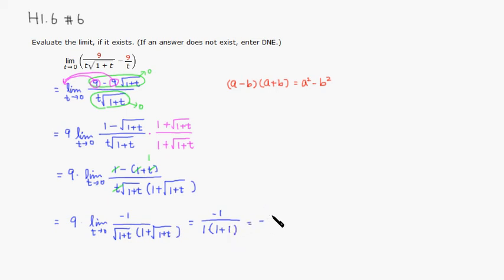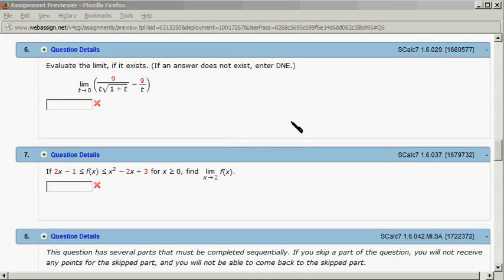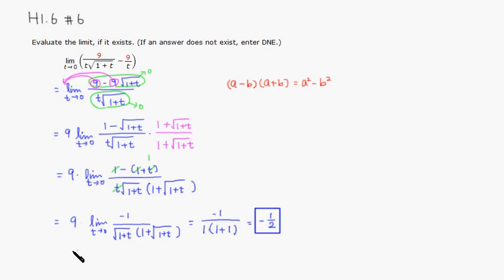So it's negative 1/2. That's the limit we're looking for. Oh actually, sorry about that, I have to go back. I forgot the 9 here. So this is actually 9 times that, 9 halves.